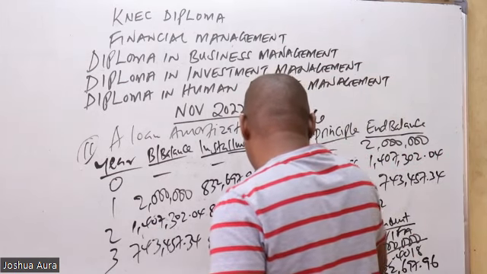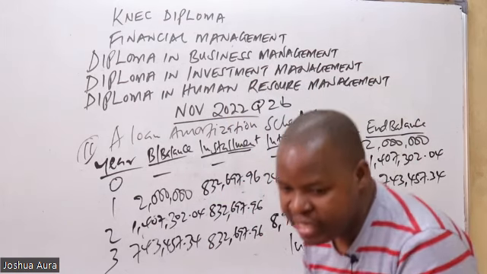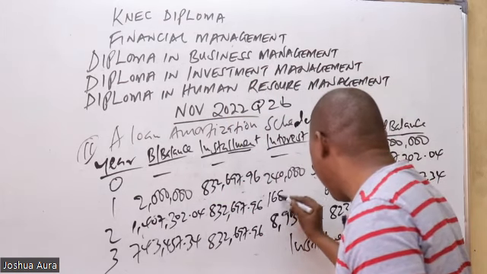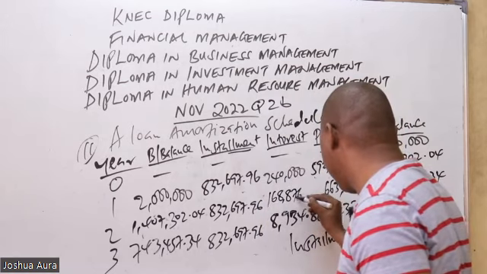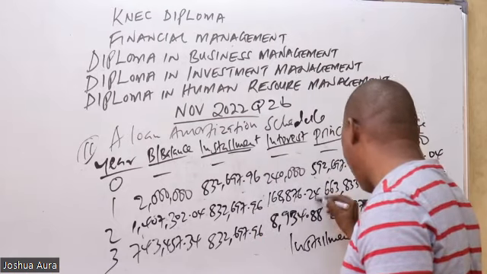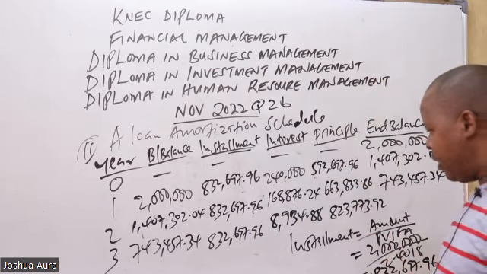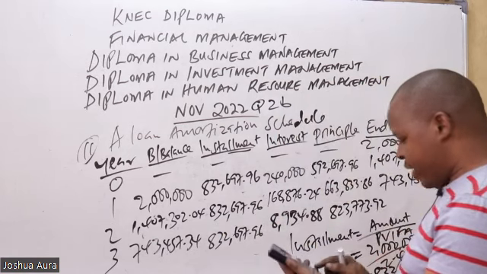There was a slight difference here. So it will be 168,876.24. And what will be our principal? We take the installment minus the interest. Let's do that.